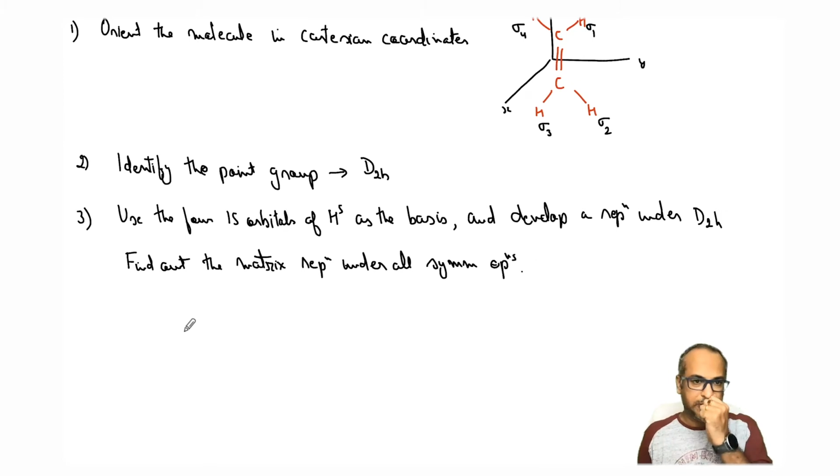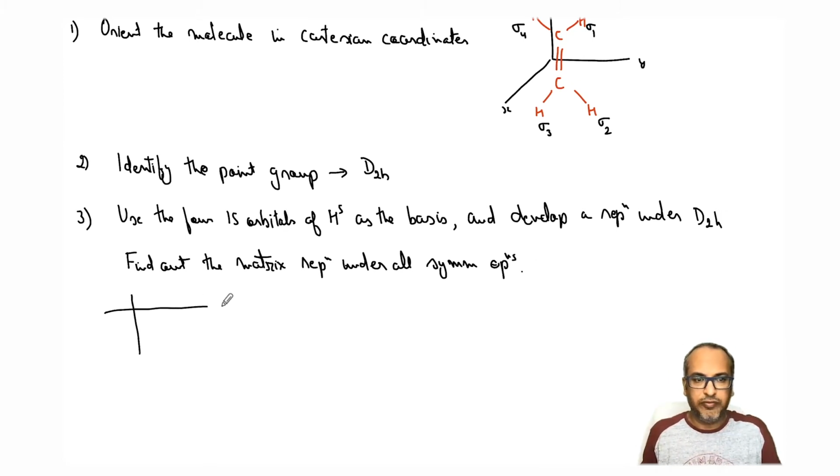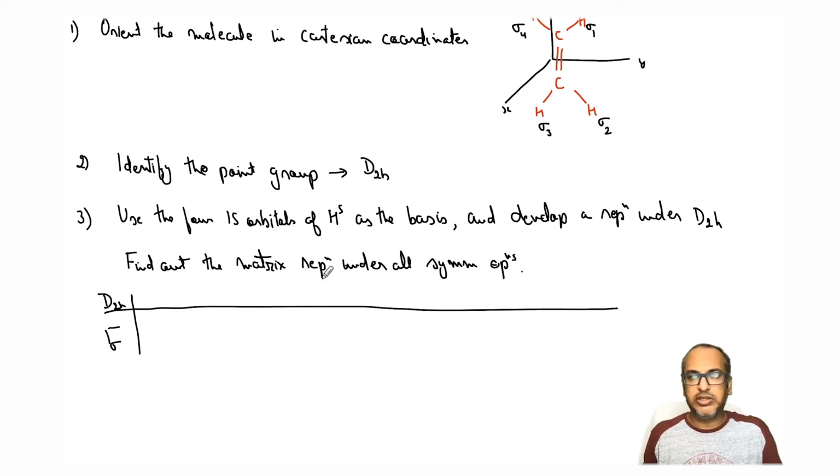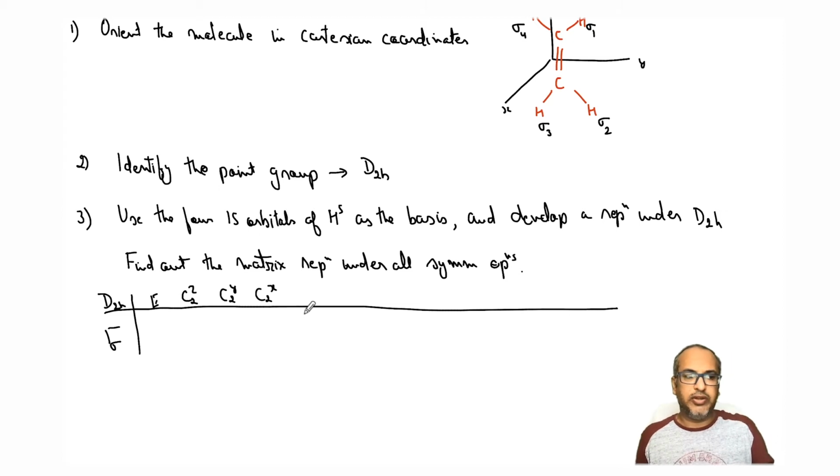All right. Now let us list down the symmetry operations we have. This is D2h, and what we are trying to create is the representation for sigma 1, sigma 2, sigma 3, sigma 4. The first is E, then we have C2z, then C2y, C2x, then what else do we have here?